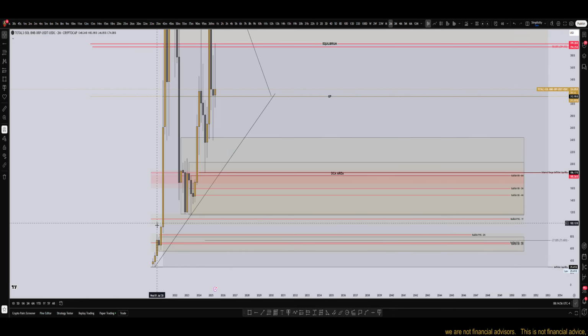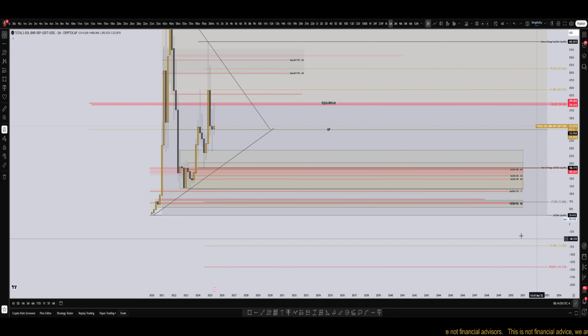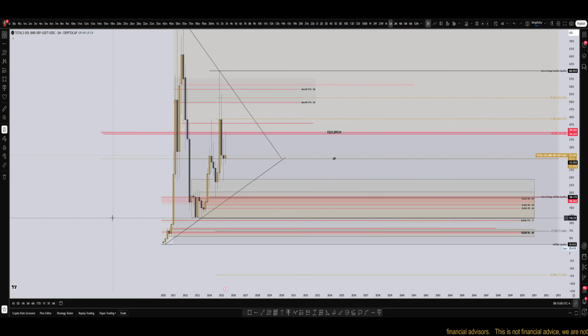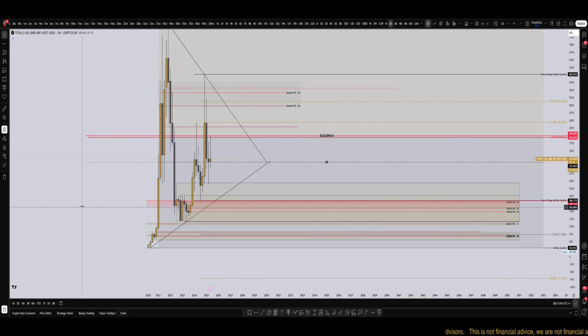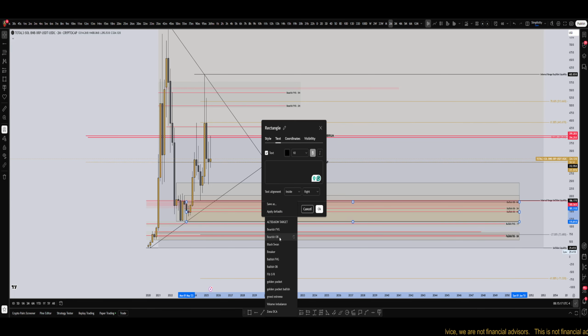Fair value gap, yes, I mentioned it. Big fair value gap that has been fulfilled. This has been fulfilled. I see order blocks here. Just keeping this a little bit wide. Bullish order block, 2-month.